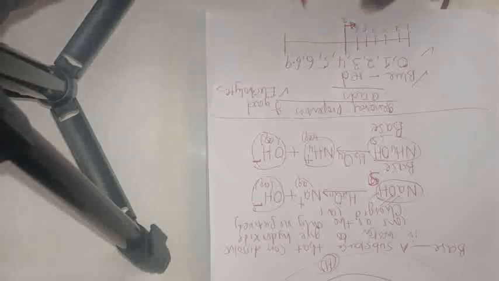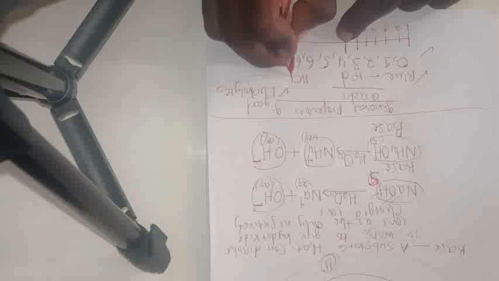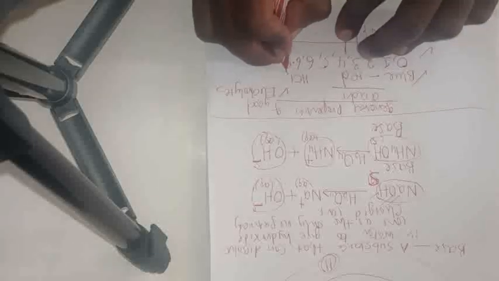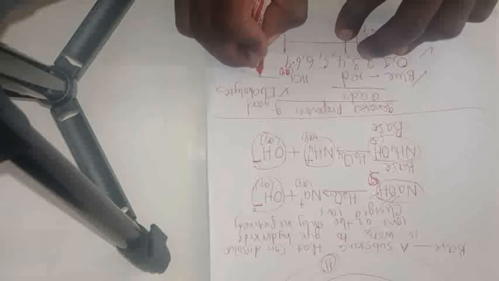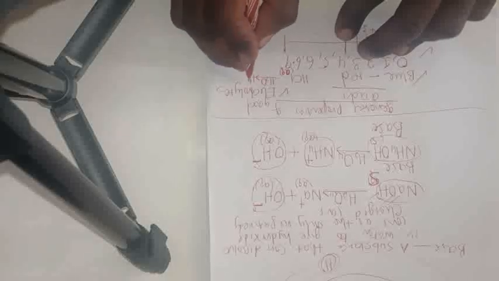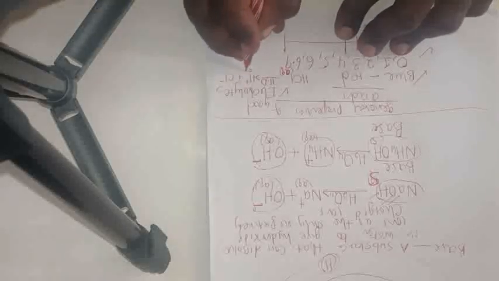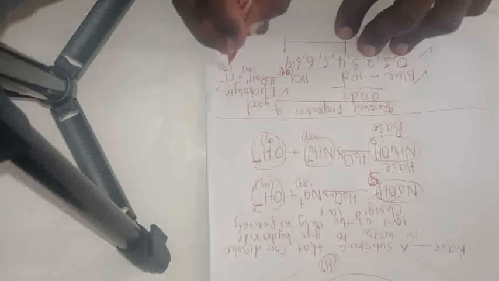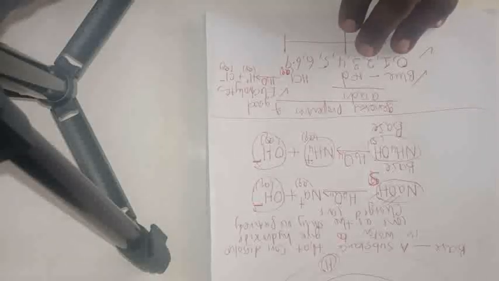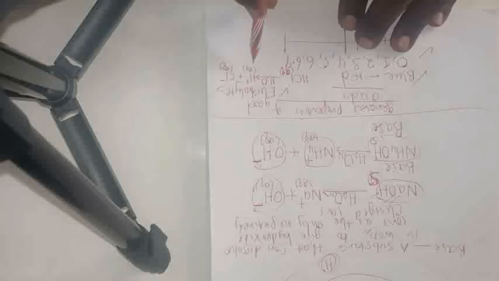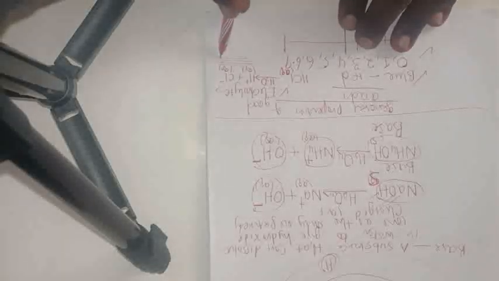So a substance such as hydrochloric acid, let's say aqueous, when you've added water, you're going to get hydrogen ions and chloride ions. So this is aqueous and this is aqueous. At the end of the day, we have hydrogen ions and chloride ions. These two ions are going to make this substance a good conductor of electricity.